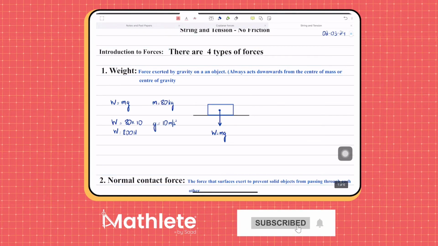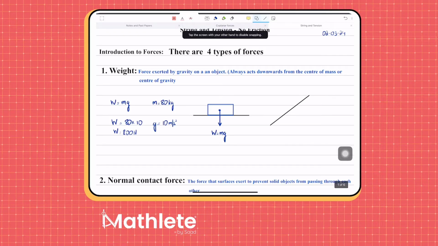Yeah. So just to give you guys an idea, like I said, we're going to pick this up in detail later on. So let's say this is the horizontal plane, and on this horizontal plane you have an object. If you have this object which is on a horizontal plane, where will the weight be acting?